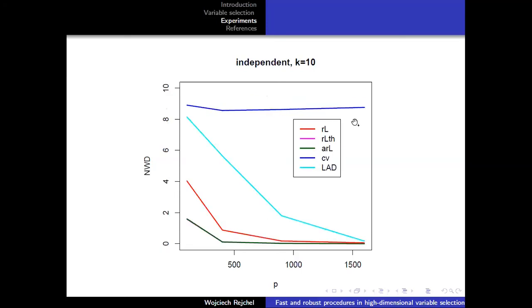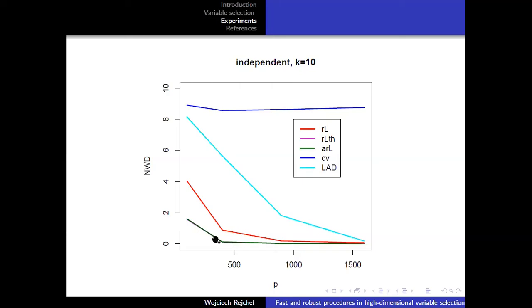If we consider 10 relevant predictors, then the situation is quite similar. However, as you can see, rank Lasso is much better than Lasso. And here you've got our modifications of rank Lasso, the thresholded and the adaptive.